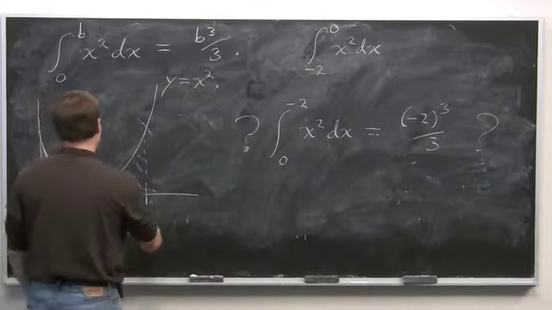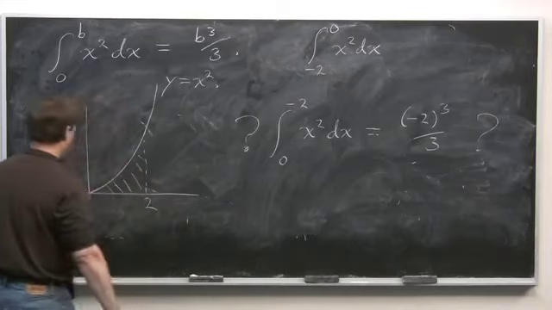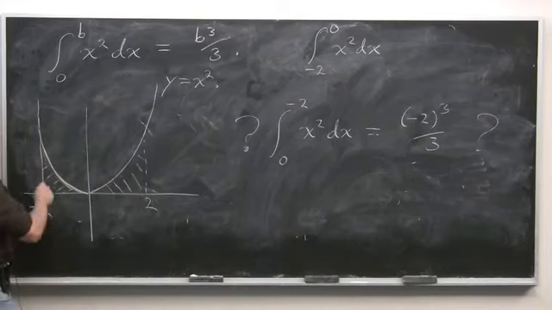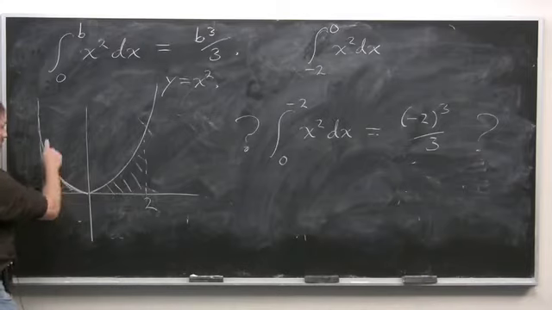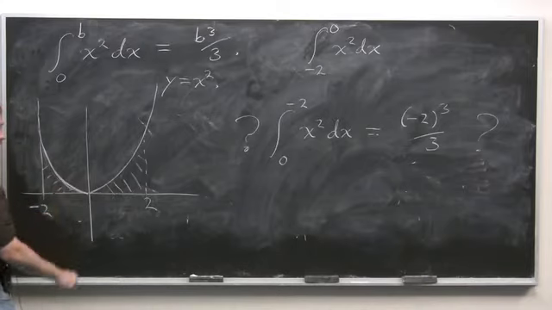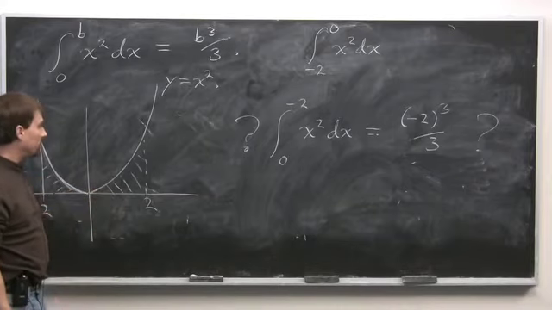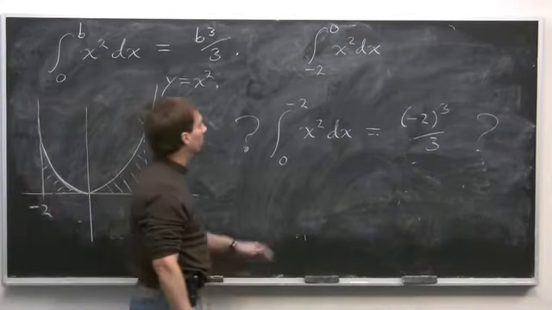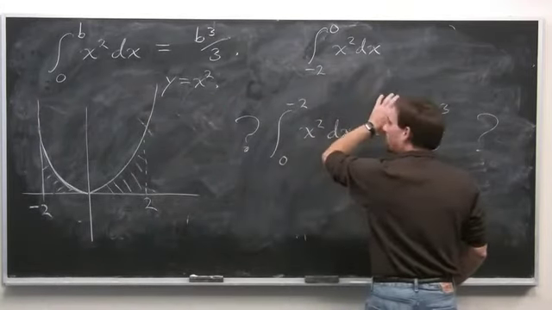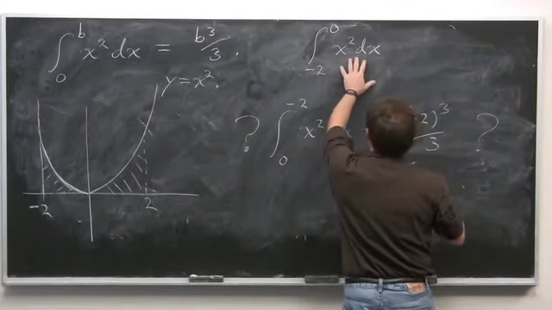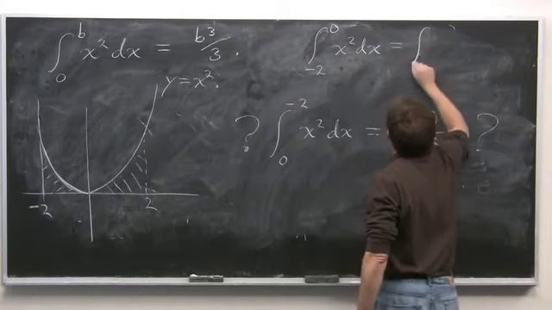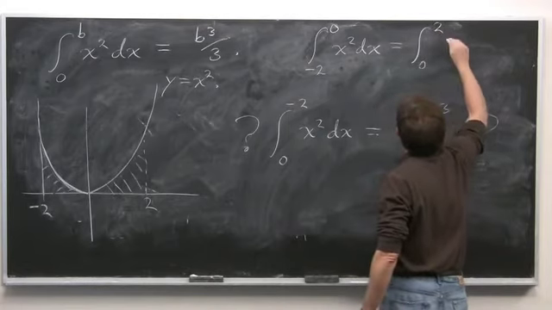Because by symmetry of the graph y equals x squared, the area under the graph over the interval from -2 to 0 should be the same as the area under the graph over the interval from 0 to 2. So just by symmetry, you can conclude that this integral is the same as this integral.